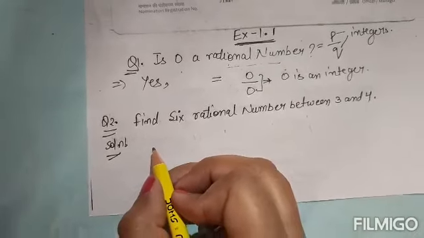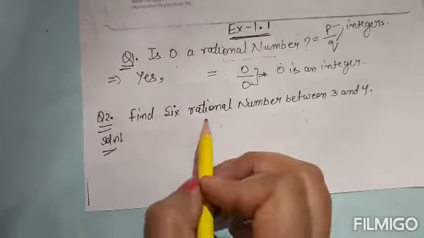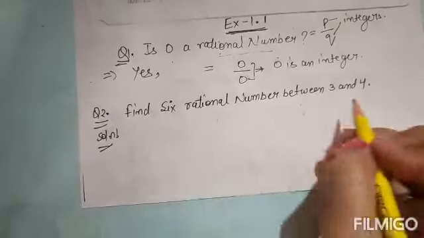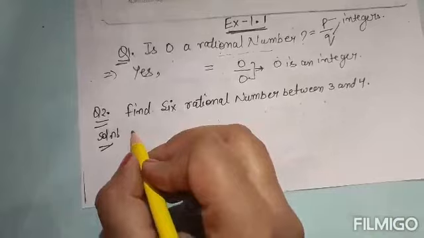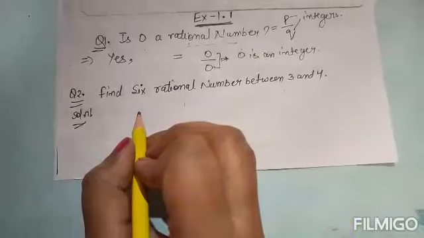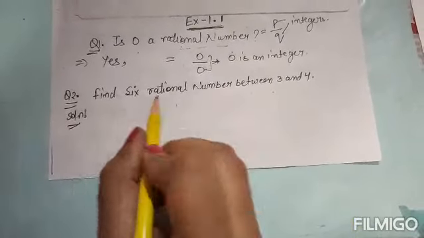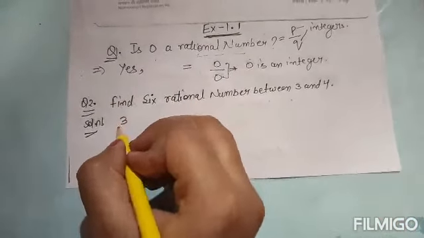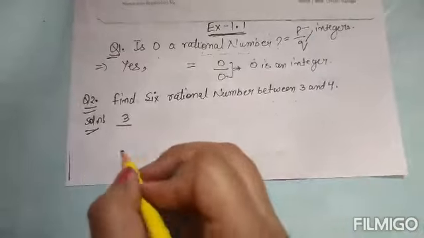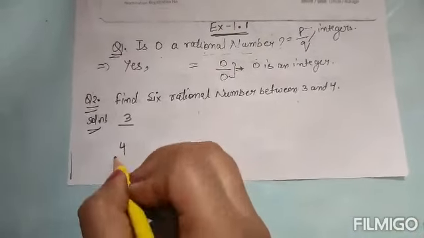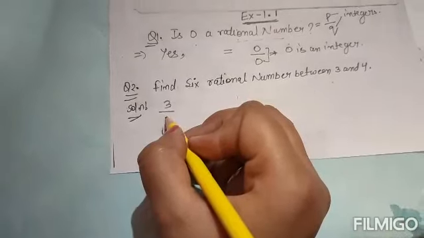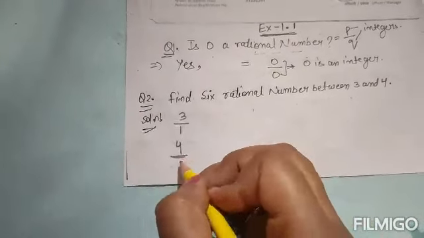We have already learned one process to solve this type of question. Now we will do another method to solve such questions. We will first make their denominators the same, for 3 and 4. Right now the denominator is 1.